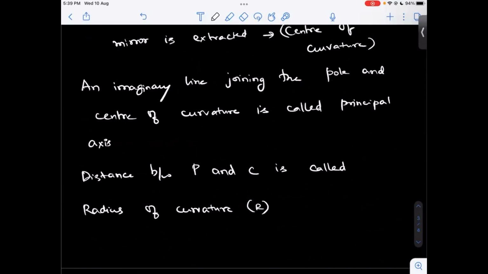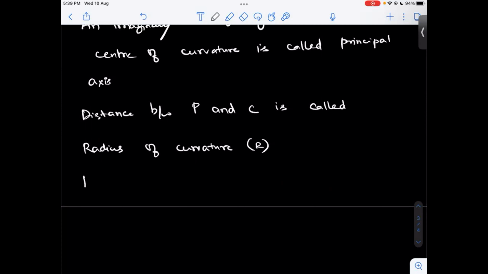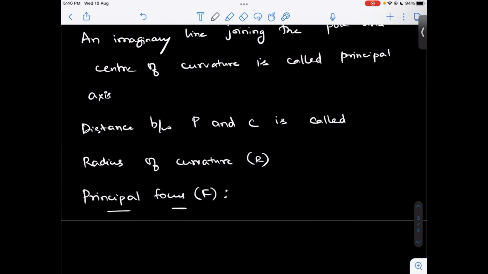Next, we call a point the principal focus, which is represented by the symbol capital F, for which we need to understand a small concept.